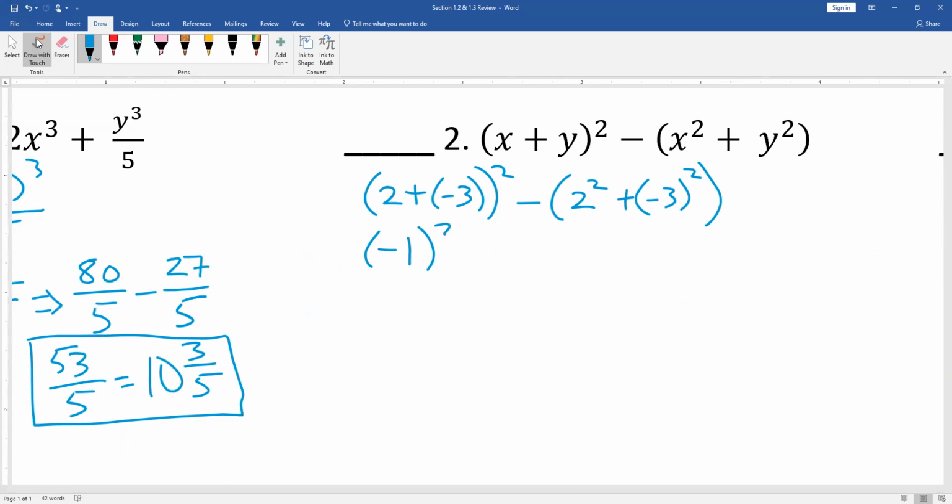You do it either way, but whatever. That gives us -1 squared minus, this one is 2 squared, which is 4, plus -3 times -3, which is actually a +9. And then -1 squared just gives us a +1, minus 4 plus 9, which is 13.